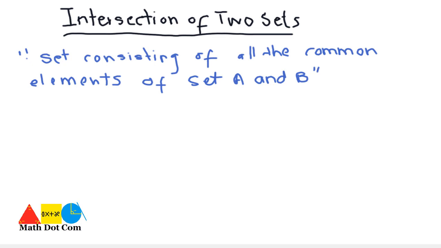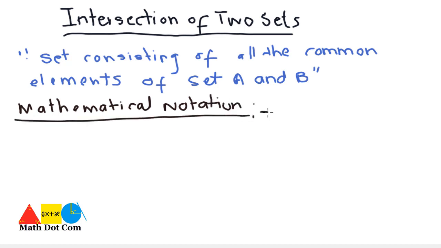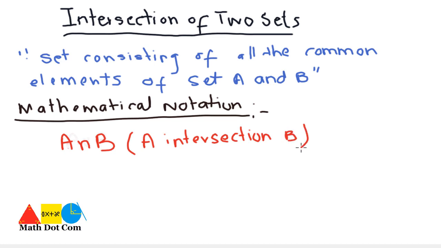Let's see how you can define it mathematically. Its mathematical notation is represented as A intersection B. It will be read as A intersection B. Now let's see how we can write it in set builder form.